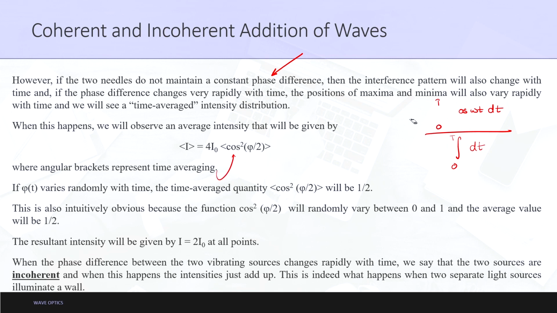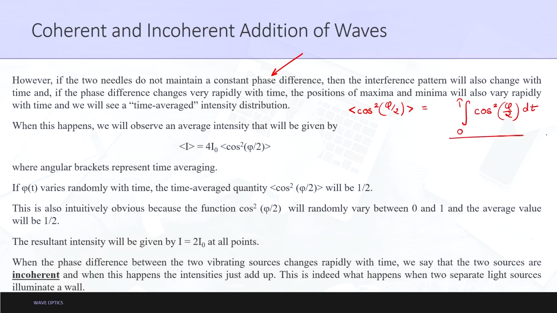So, now if we need to find out the time average of this cos square phi by 2, then that will be nothing but the simple mathematical formulation. This will be equal to integration of 0 to T cos square phi by 2 dt upon integration 0 to T dt.